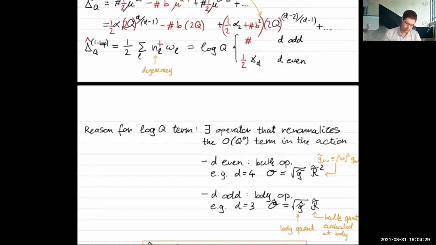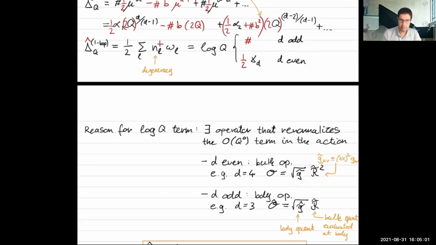And so in 4 dimensions, there's a bulk operator written here for the experts. So in terms of the Weyl covariantized metric, d chi squared times the physical metric. So it's square root g tilde times the Ricci tilde squared. You can write this out in terms of chi, but I won't bother with that. So that's what Gabriel found in the bulk.